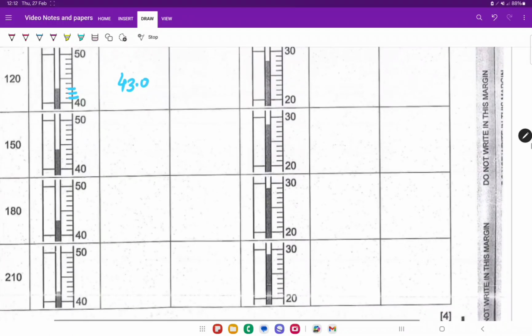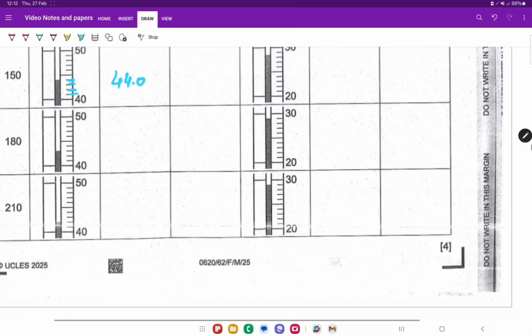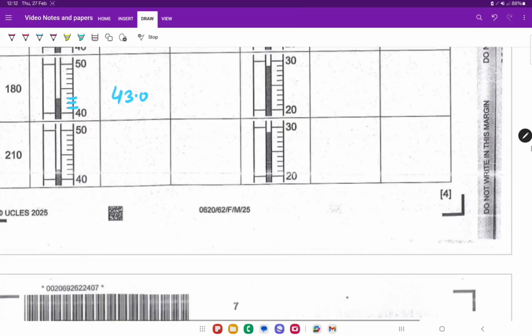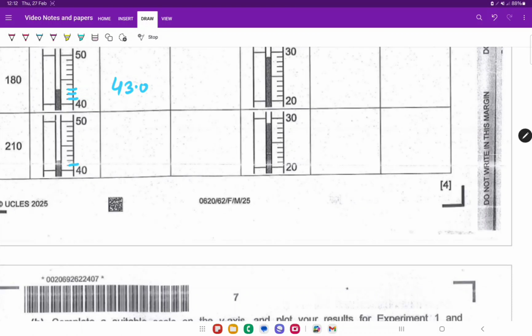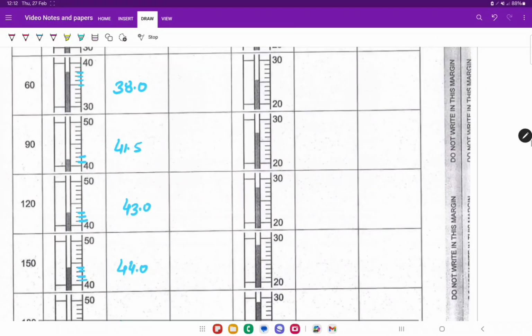Next, exactly on 44.0. Next is 43.0. And the last one is 42.0. So these are the temperature readings which we calculated from this.